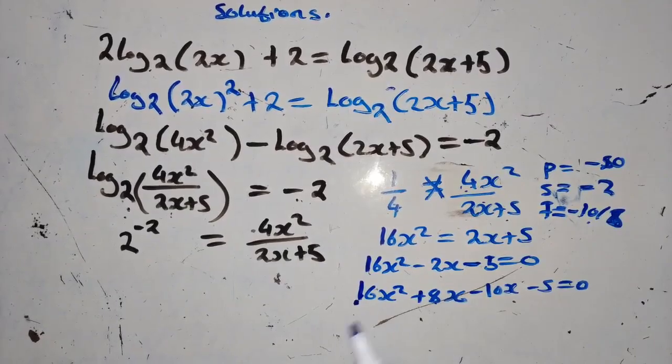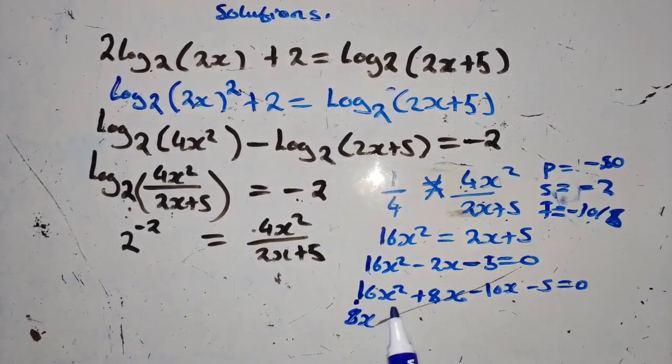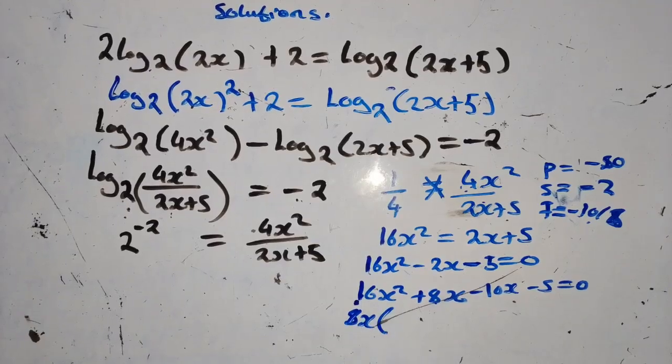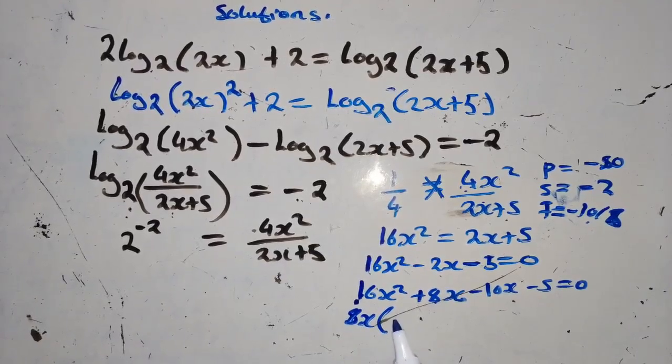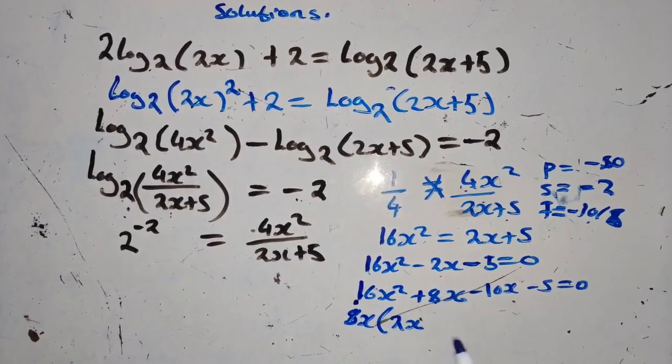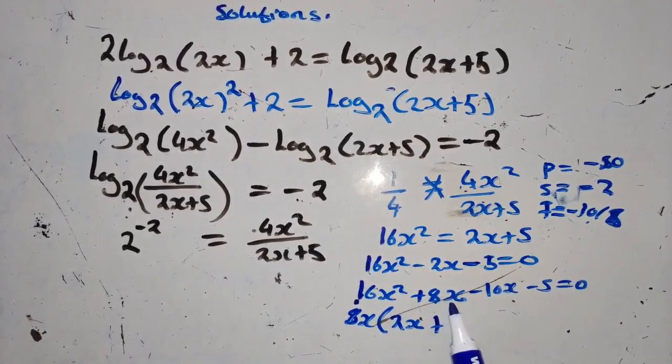So we're going to have 8x, open brackets, 8x into 16x squared gives us 2x, plus 8x into 8x is 1. Minus, between 10x and negative 5, which one is common? 5 can go into 10, so we're going to use 5 as our common factor.